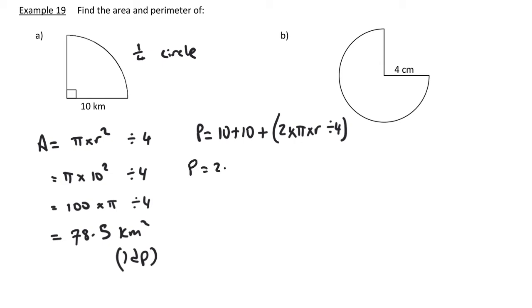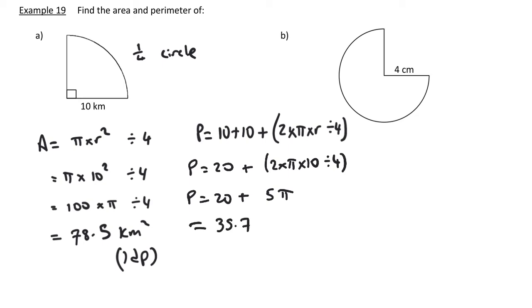So the perimeter is going to be 20 plus 2 times pi times 10 divided by 4. So that's 20 plus 5 pi, which works out as 35.7 meters.